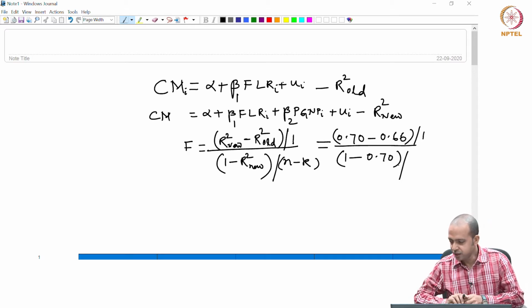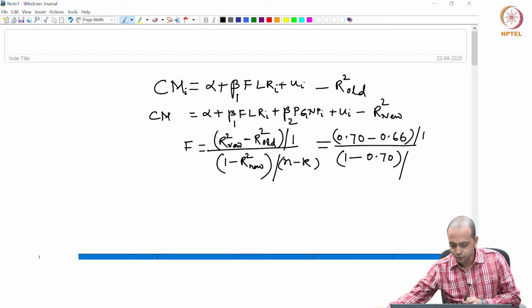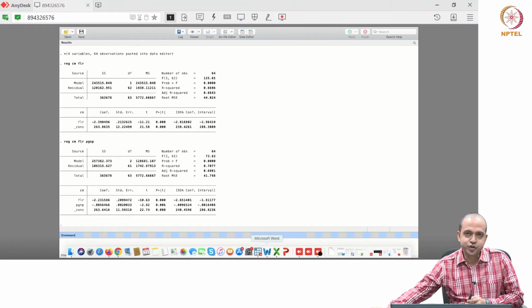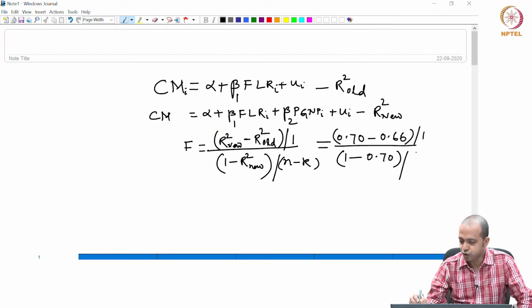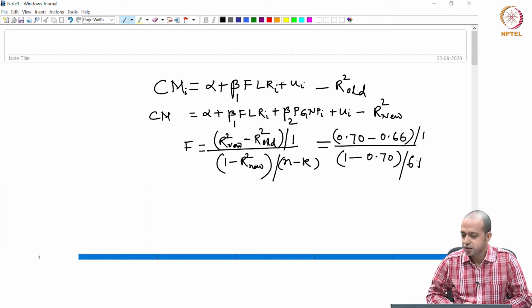What is your n? If you look, your total number of observations is 64 and the total number of parameters to be estimated from the model is 3. So, 64 minus 3 is 61.